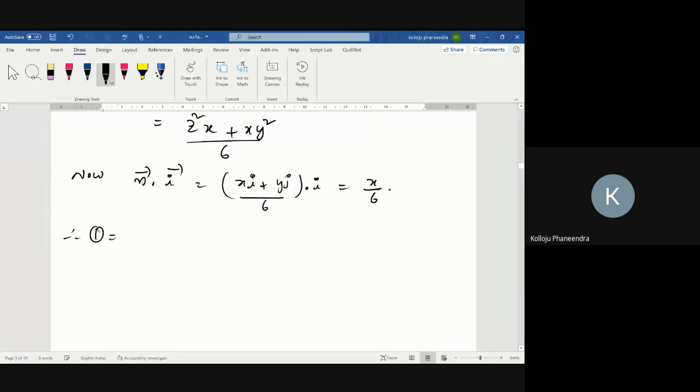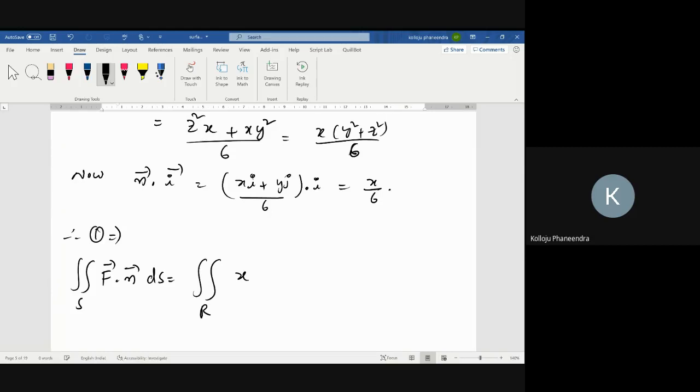Therefore, equation 1 implies the double integral over S of F bar dot n bar dS is equal to the double integral over R of x common, so (y square plus z square)/6, divided by x by 6, dy dz. So this x by 6 gets cancelled completely.